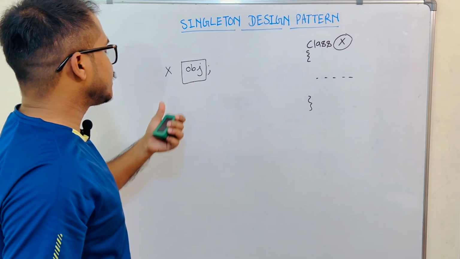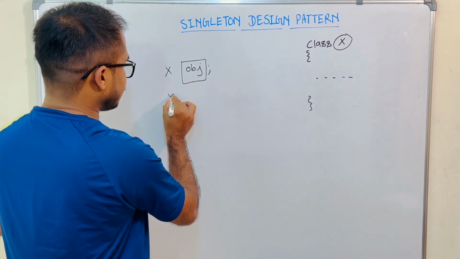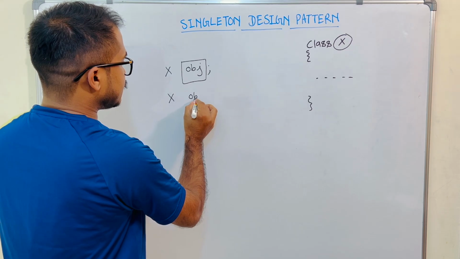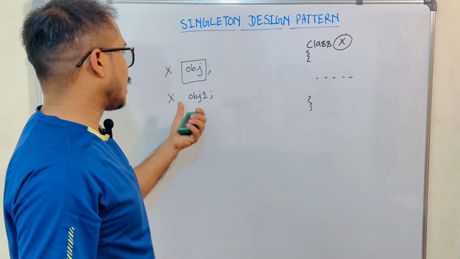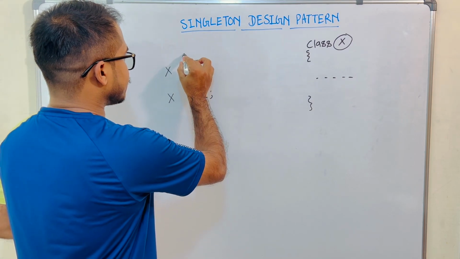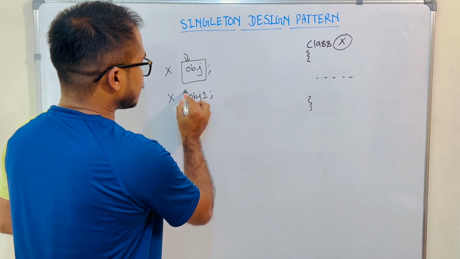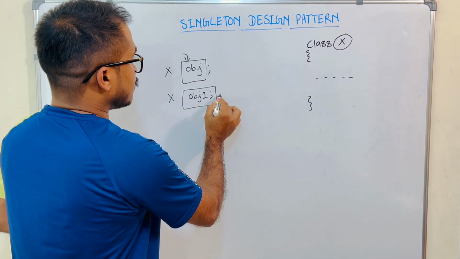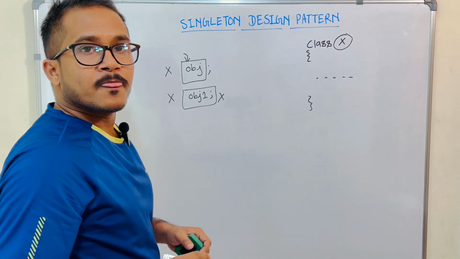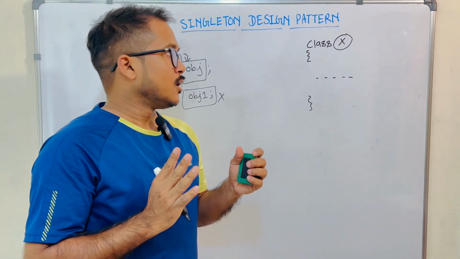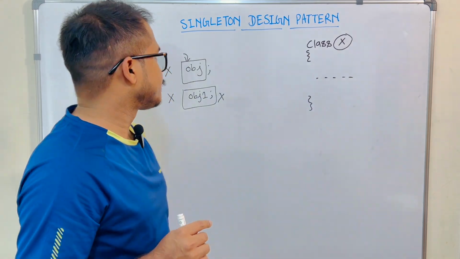Now let's say the next user tries to create the object of this class X, obj1. Then the system should not allow this, because this object is already there, and creating another object will break the singleton design pattern rule. That is, at a time in the whole system only a single instance of this particular class should exist.